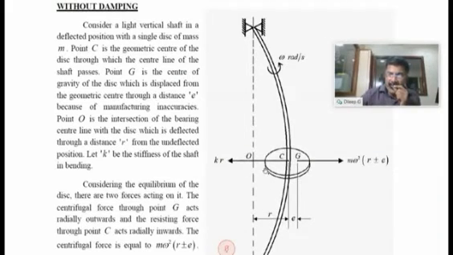Now suppose that M is the mass of the disc and omega is the rotational speed, then the centrifugal force which is going to act radially outward through the center of gravity G of the disc is nothing but M omega square R plus or minus E. I will explain this plus or minus a little later, how this plus or minus is coming.